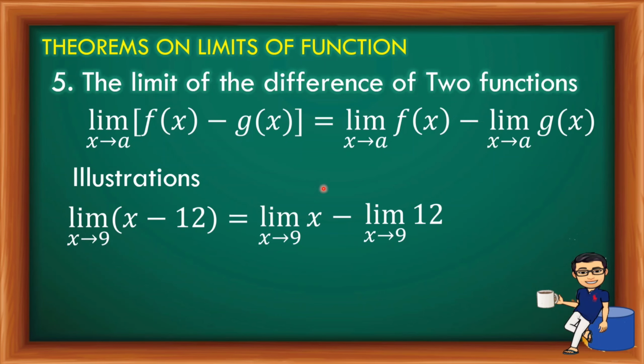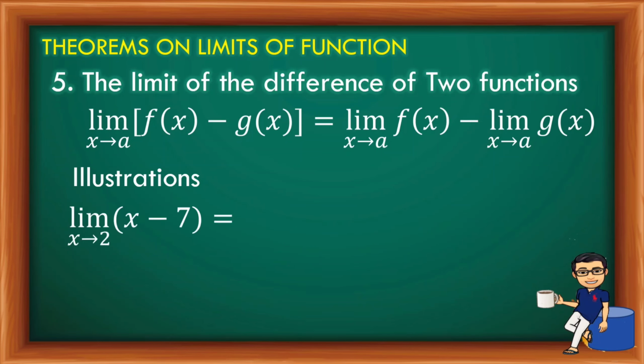So this is theorem 2 again, and this is theorem 1. So the approaching value of x will be the value here, or the limit, and that will be 9. Then the constant term is our answer here. Then the limit of x minus 12 as x approaches 9 is negative 3, since 9 minus 12 is negative 3. Let's have the next one.